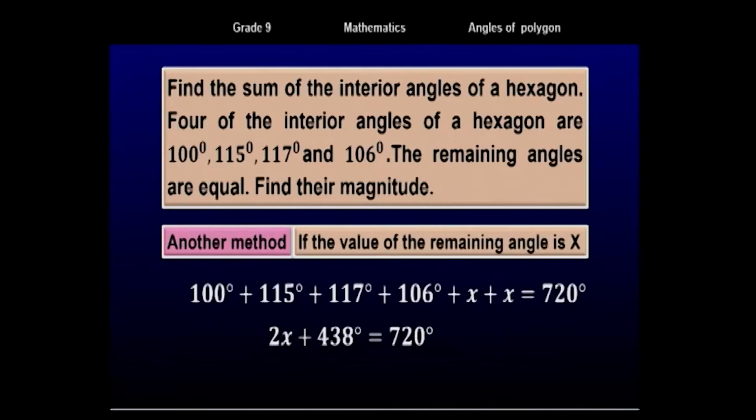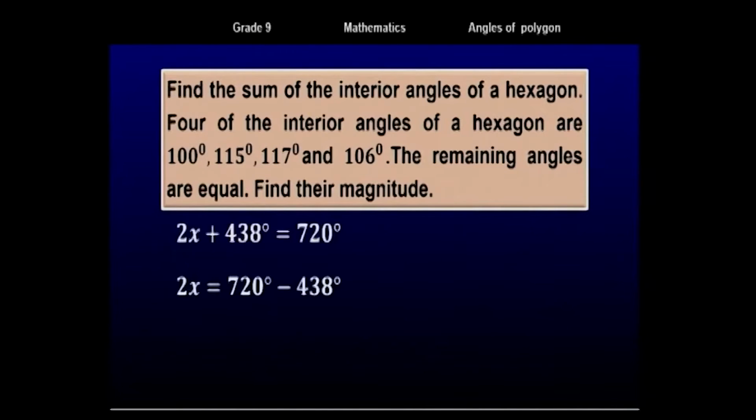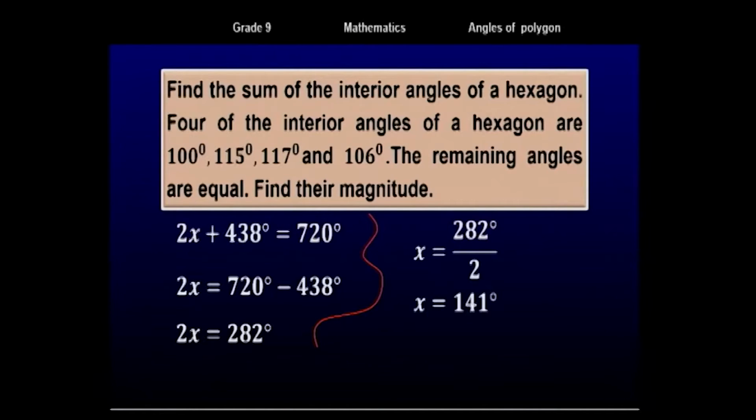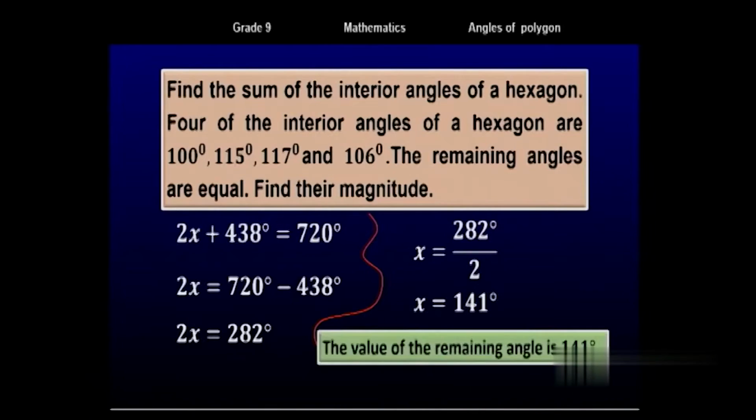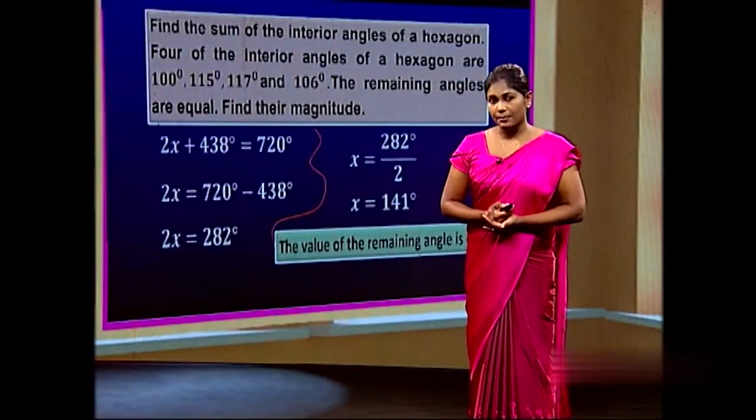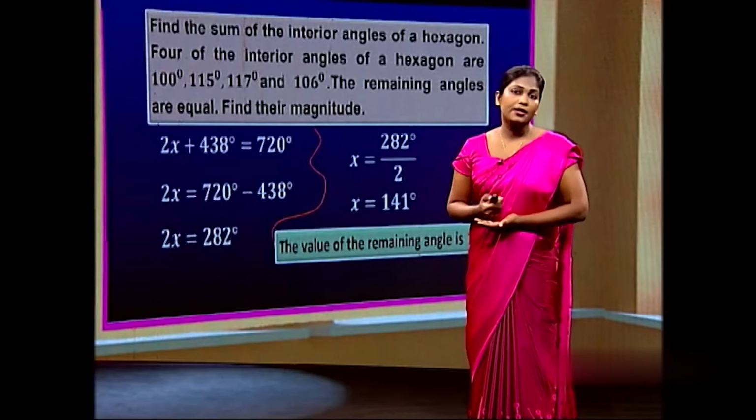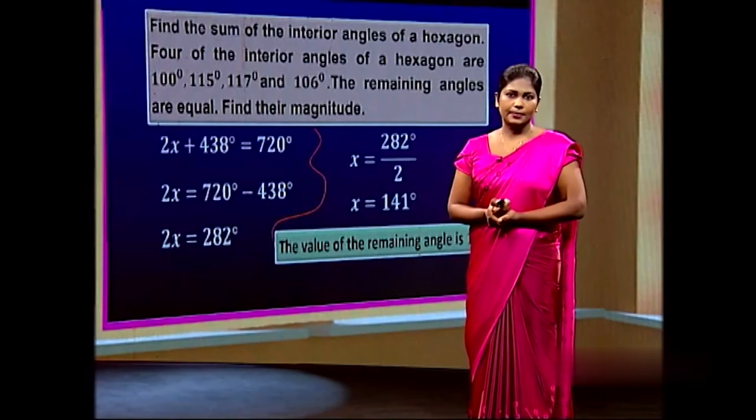Then we can simplify. 2x equals 720 minus 438 degrees. Then you obtain 2x equals 282. Then to find the value of x, divide by 2. Then x equals 141 degrees. That means the value of the remaining angle is equal to 141 degrees.